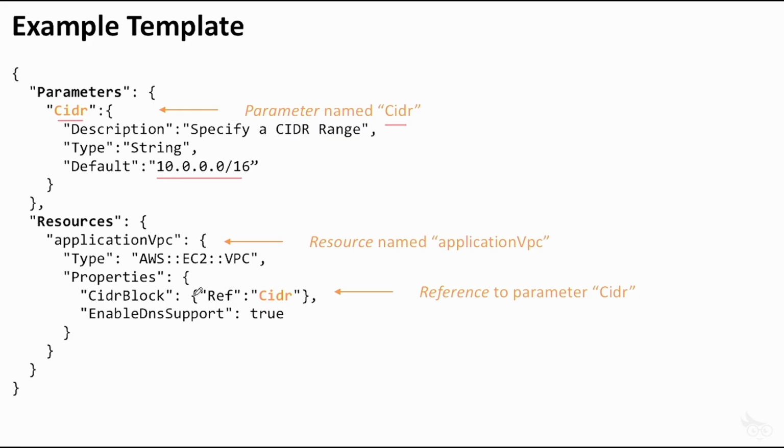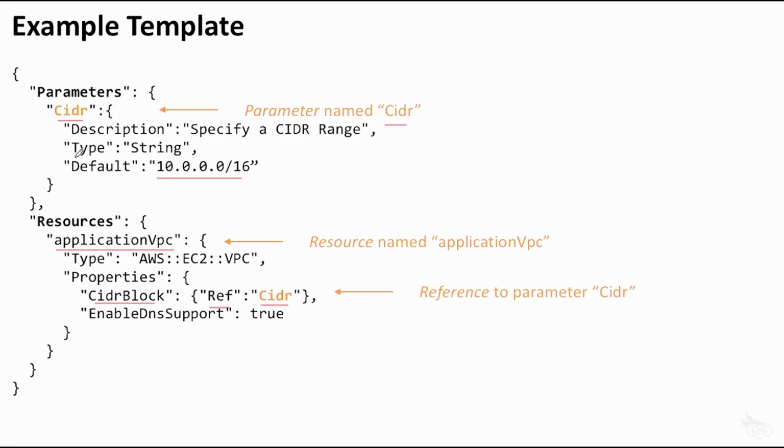Our resources, again, are the very things that we want CloudFormation to create for us. In this example, we're asking CloudFormation to create a VPC, and within its properties, we're going to say that the CIDR block of that VPC should be referenced to the CIDR parameter that we specified up here.